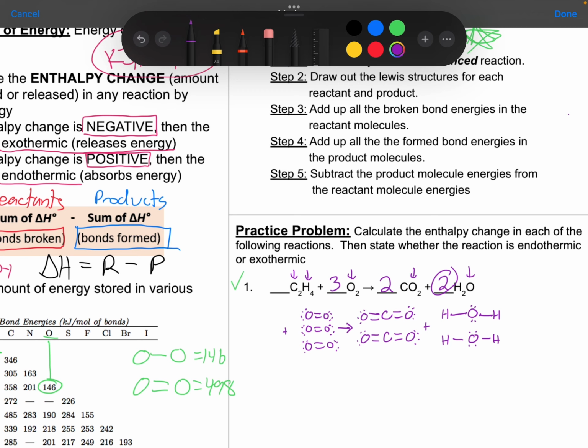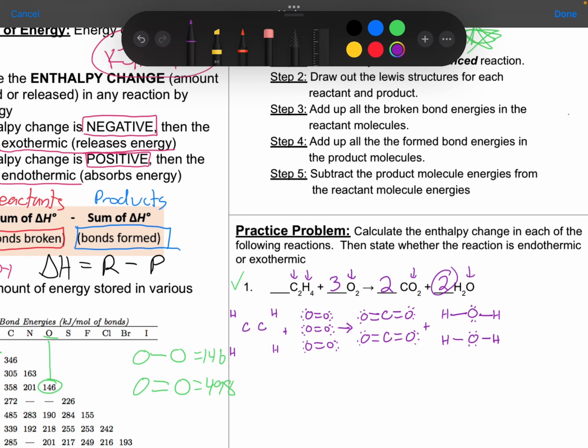We have our C2H4. Now that one, I will remind you that if there is no clear central atom, you would put the 2 that you have the least of in the middle. And in this case, both of our carbons are going to go in the middle. And then our 4 hydrogens are going to go equally placed around them.